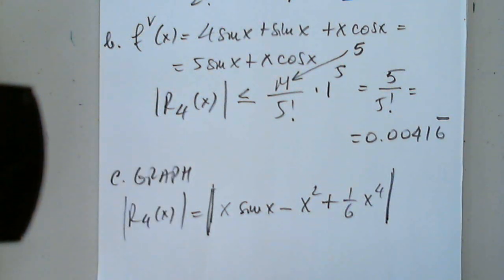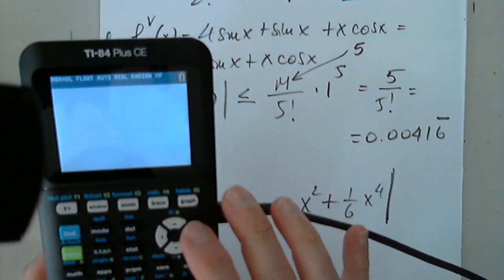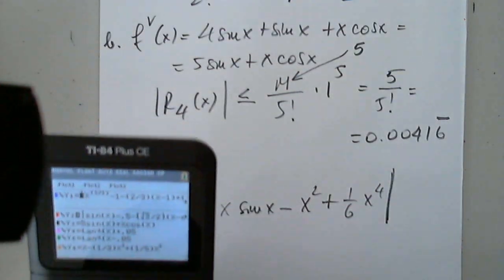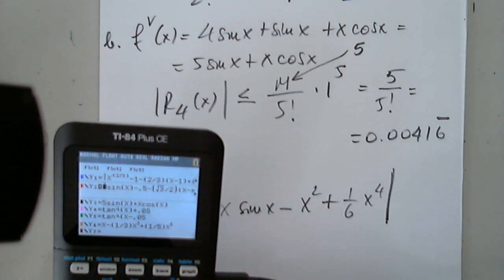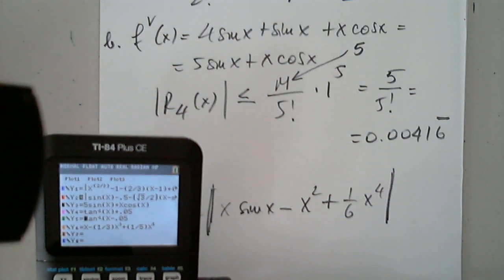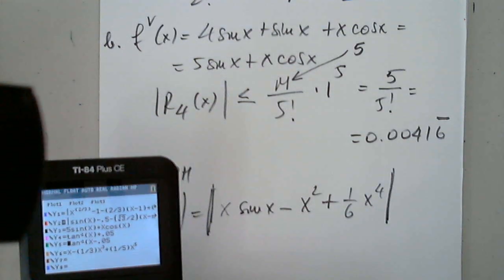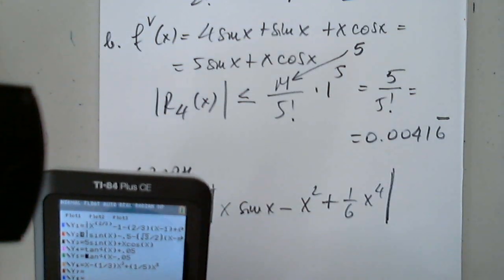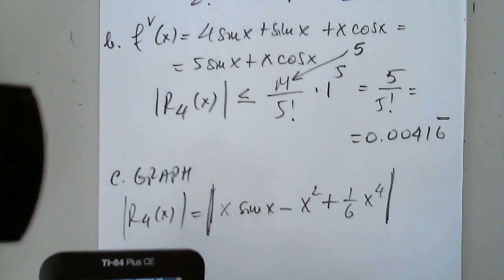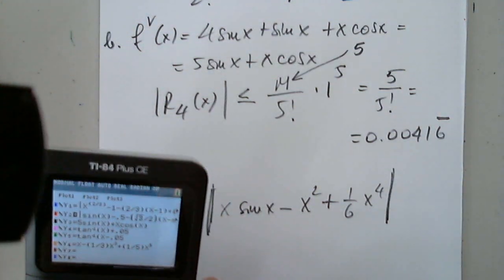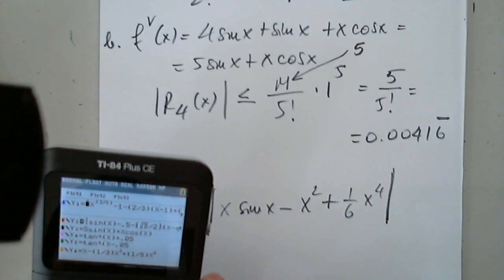Okay, I thought I entered that too, I just need to find it. Check your result by graphing. I did not do that. I did not put in x sine x minus, nope, I did not do it.